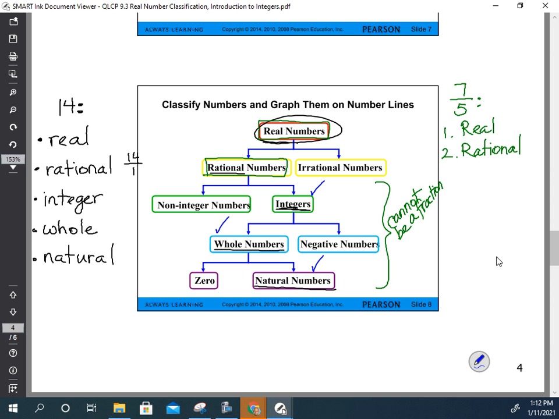In order for it to be an integer, it has to be a clean number, like a whole number. So when you see non-integer numbers, think decimal. If it's a decimal, that's where it goes, and then that's it.